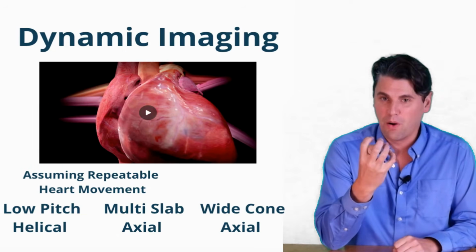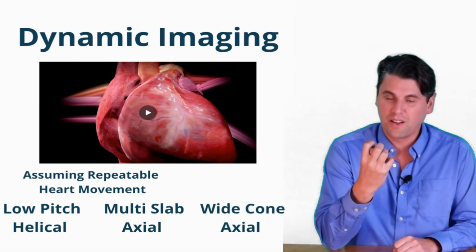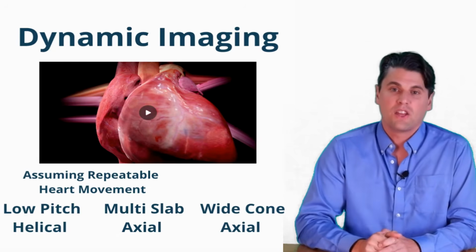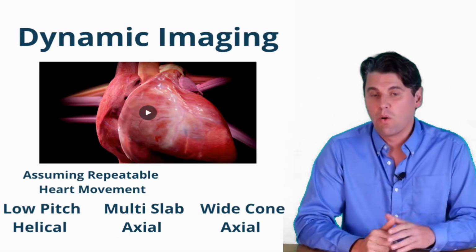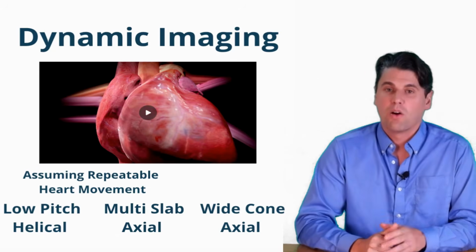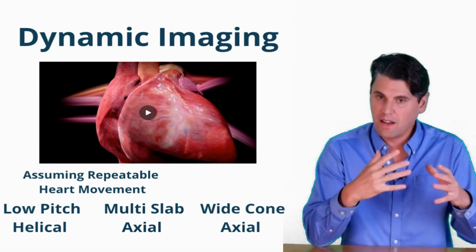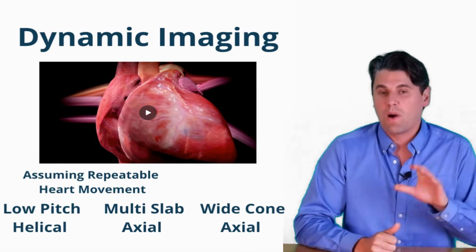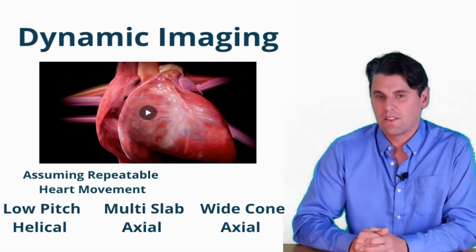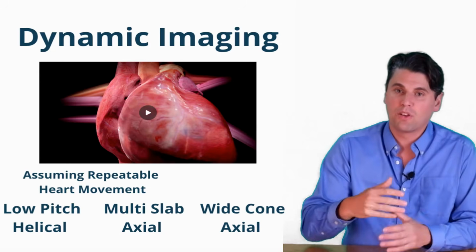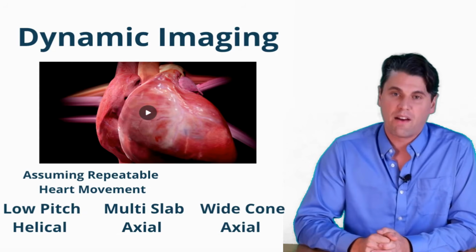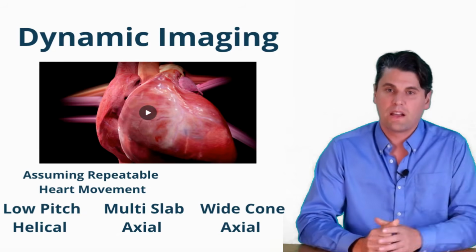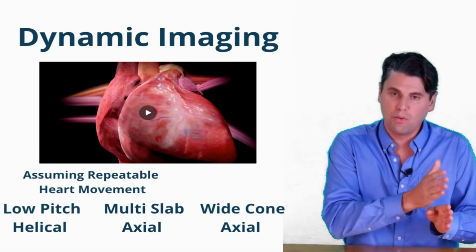If it's repeatable, if the heart is returning to the exact same spot, you're actually going to do okay with the low pitch helical or with the multi-slab axial. When that's not the case, you're going to have banding artifacts. And in the wide cone axial, you actually don't have this assumption again, and you are able to do the dynamic imaging. And this is not possible with that fast helical acquisition because you don't have the ability to do multiple phases of reconstruction.